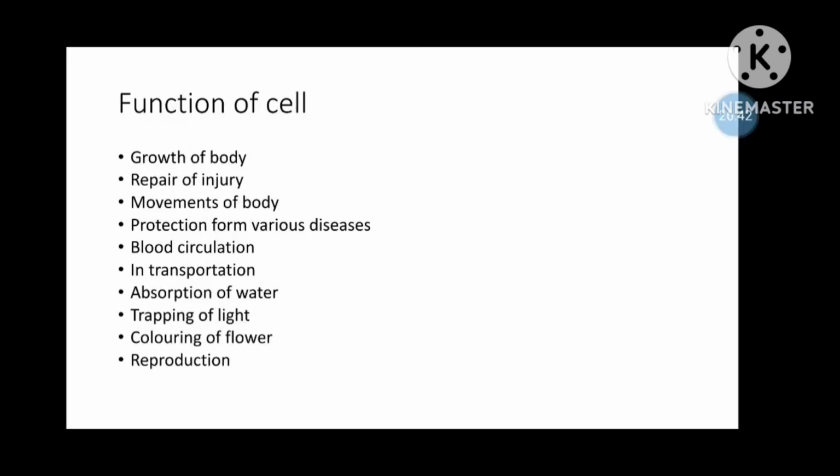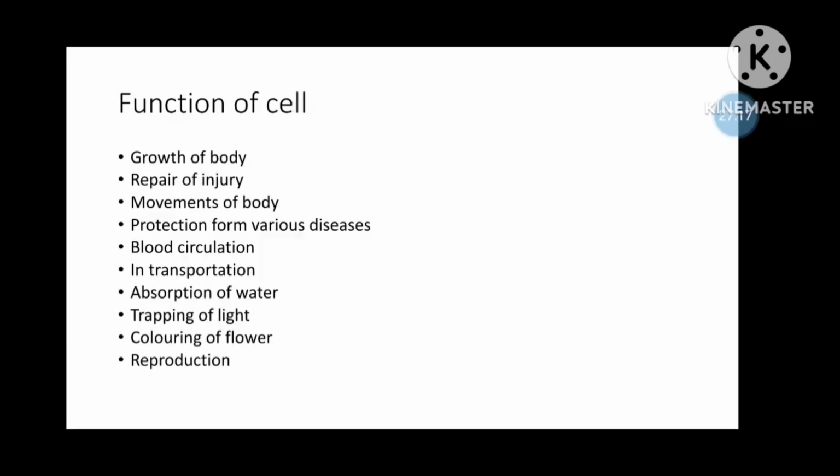Next, absorption of water. In the plant cell, you know that water gets absorbed from the root, and that water is transported to the tip of the plant through the xylem. So the cells present in the root hairs absorb the water and transport it to the other parts of the plant. So those cells are responsible for absorption of water.